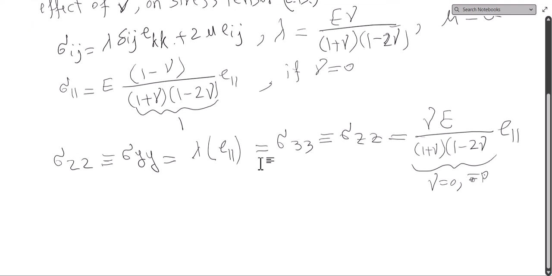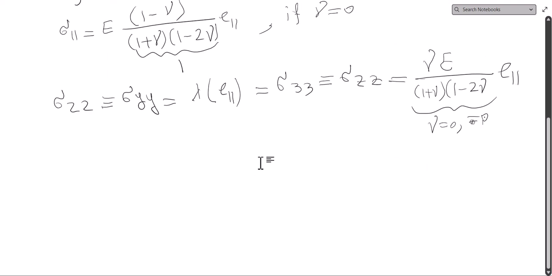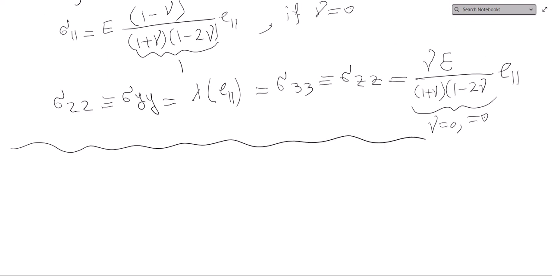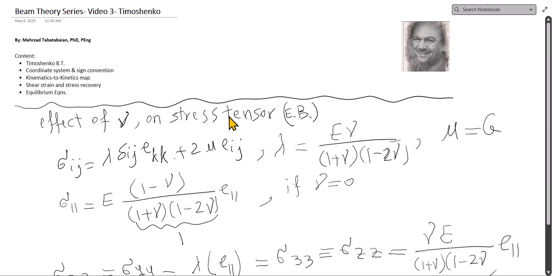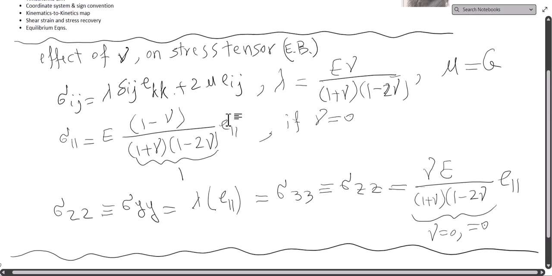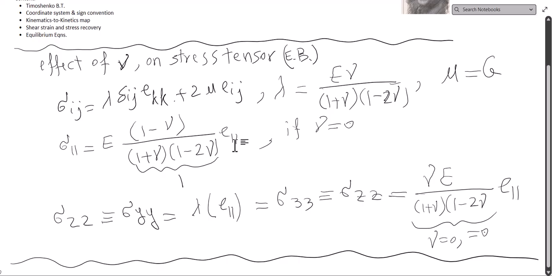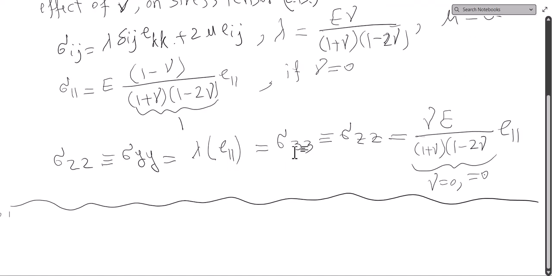This is a quick addition, and it is true for any beam theory, but specifically for Euler-Bernoulli beam theory we get these values, but they are very small because mu is small.